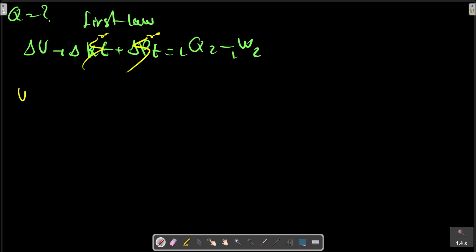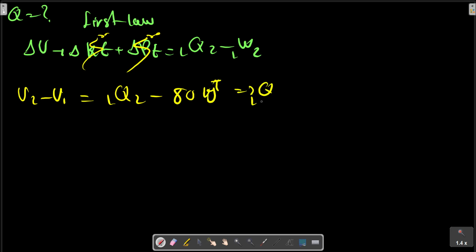To calculate Q, we should write the first law: delta U, U2 minus U1, equals Q minus 3 kilojoule. W it is plus work on or minus work out, or leave.